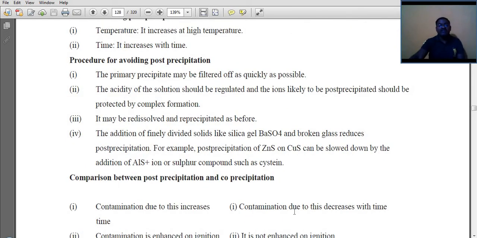The addition of finely divided solids like silica sol, barium sulfate and broken glass reduces post-precipitation. For example, post-precipitation of ZnS and CuS can be slowed down by the addition of Al3+ ion or a sulfur compound such as cystine.